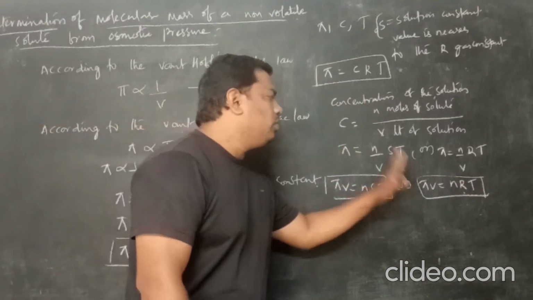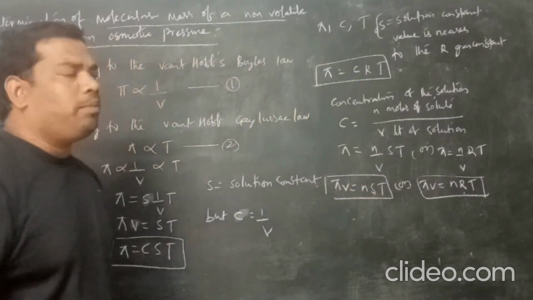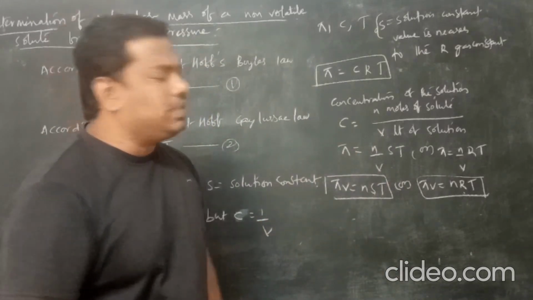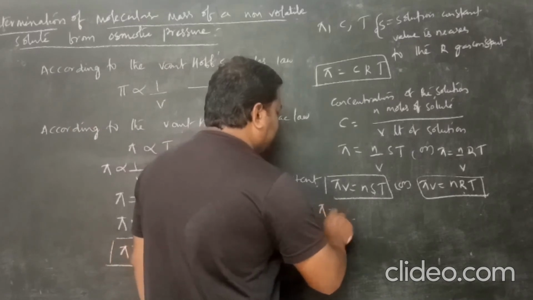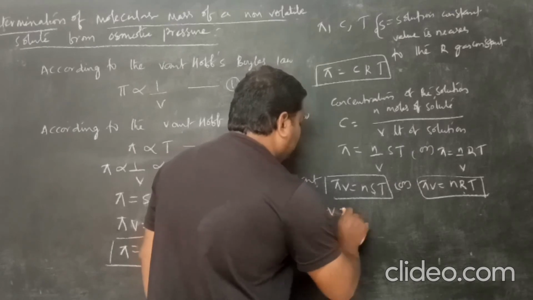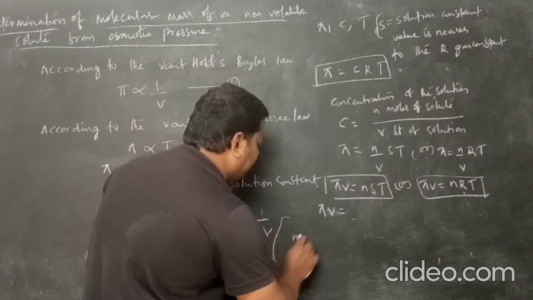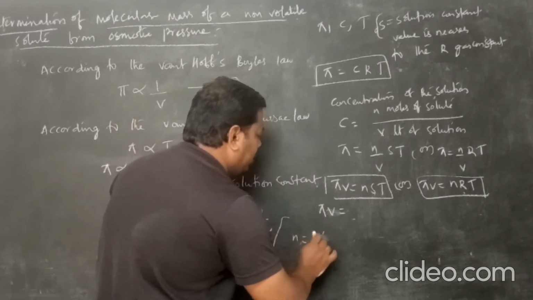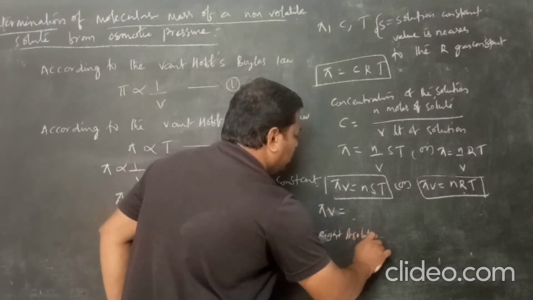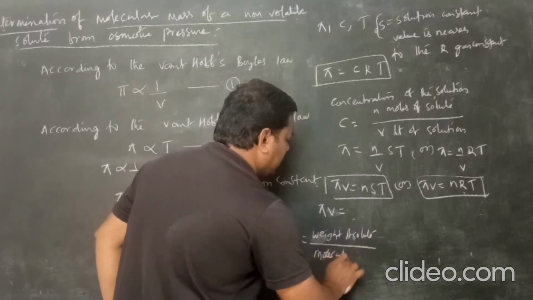Both the values are the same. Here, the number of moles n is nothing but the weight of the solute divided by the molecular mass of the solute.